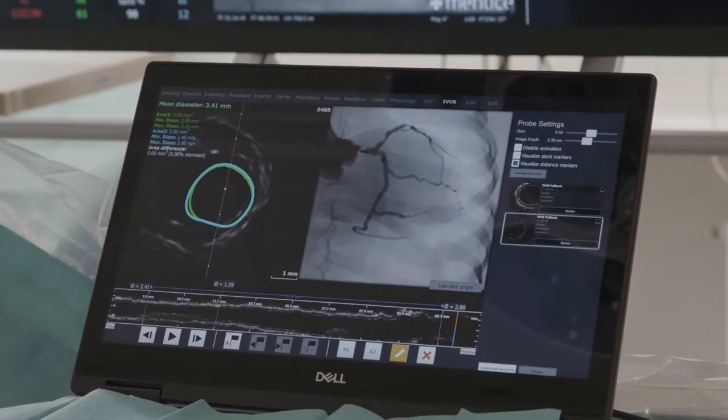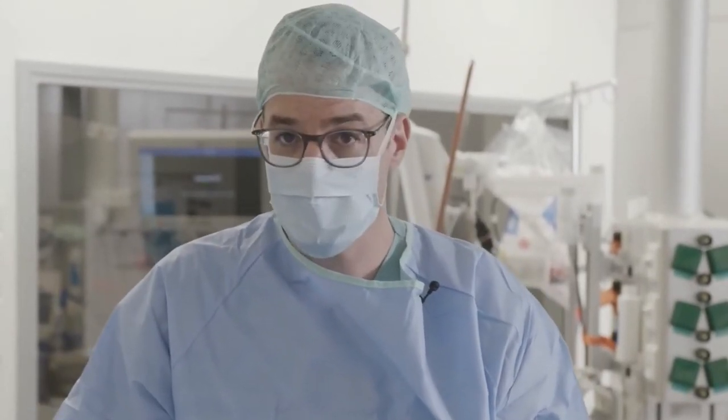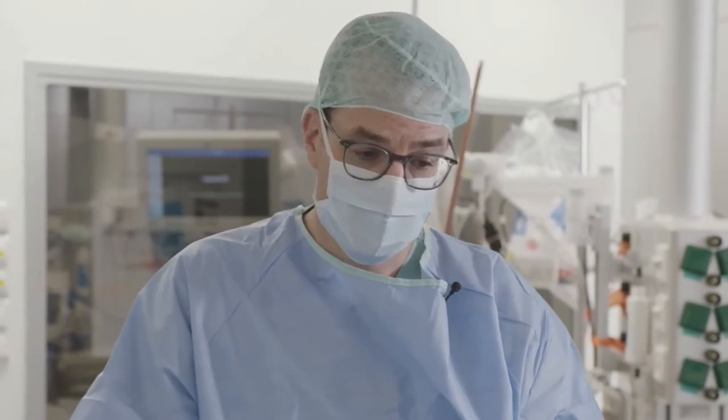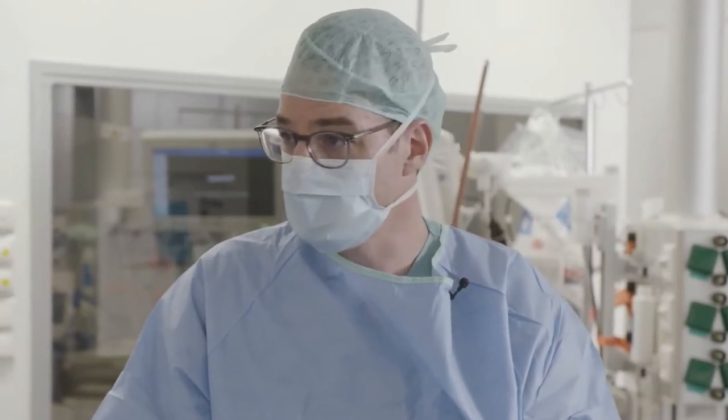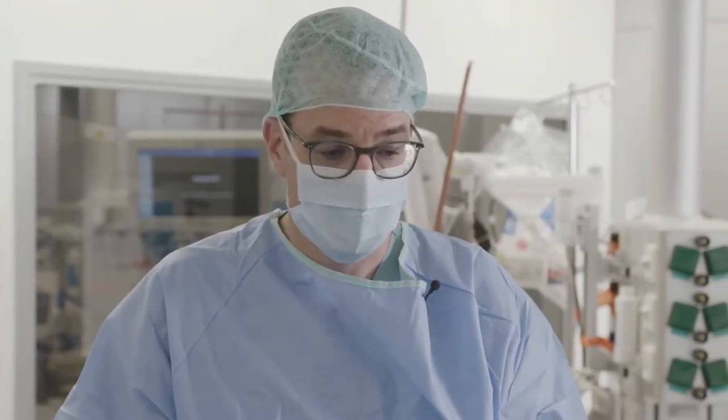So to conclude, we have a normal circ. Of course, we have the clear pathologic problem in the left main with an MLA of 5.0, which is, in my eyes, clearly significant.